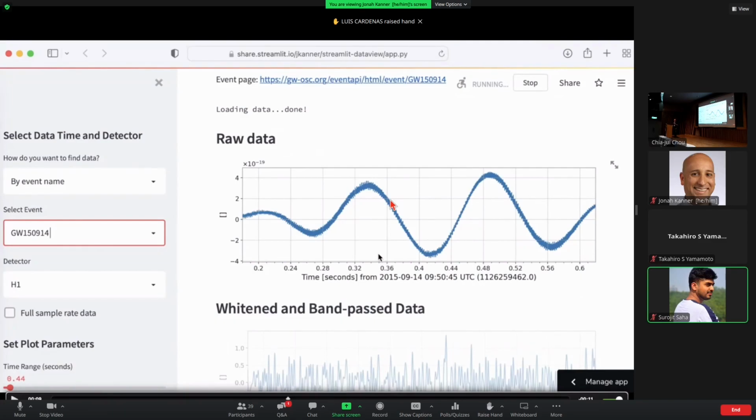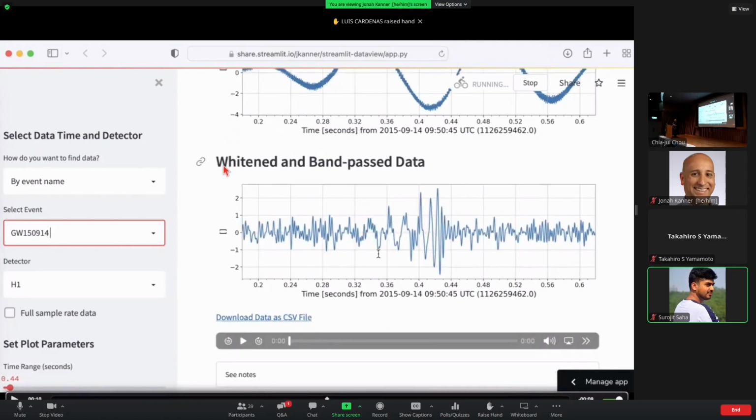Going from this step to the line below, there's some filtering applied. The data are, in this case, whitened and bandpassed. I think in some of the tutorials we'll experiment with some of those things and show what that does. That takes us from a place where the data are dominated by noise to a place where we can see the signal and study it in the data.